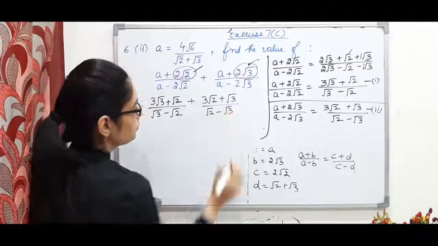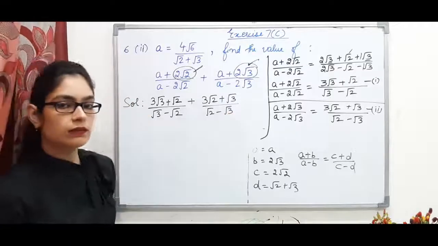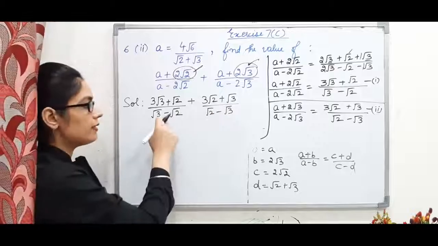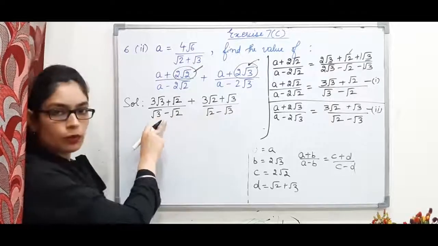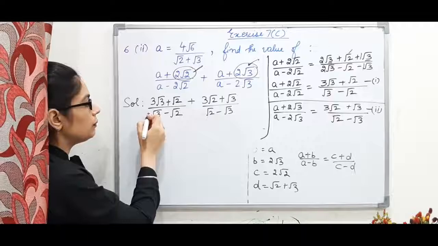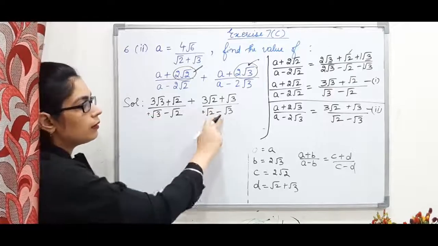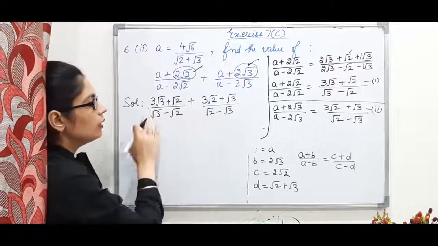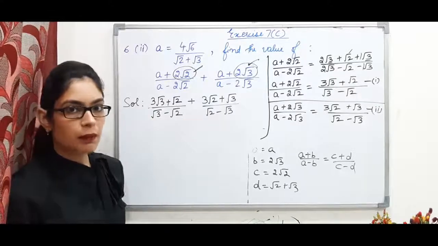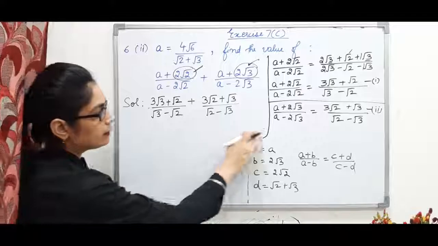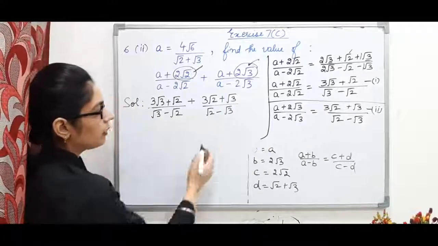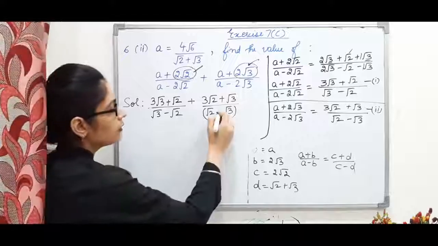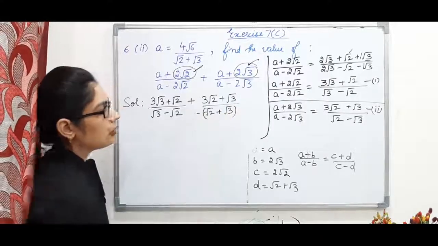In the denominators, you can see root 3 root 2, root 3 root 2, but the signs are different. Here with root 2 a minus sign is there, and nothing is written, that means plus sign only. Here with root 3 a minus sign is there. Same thing as I told you in the previous part: when something like this is given to us, we can write those two numbers in a bracket, change their signs, and write minus outside the bracket.